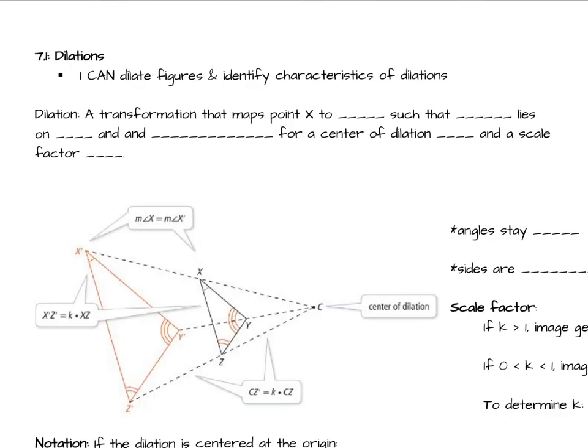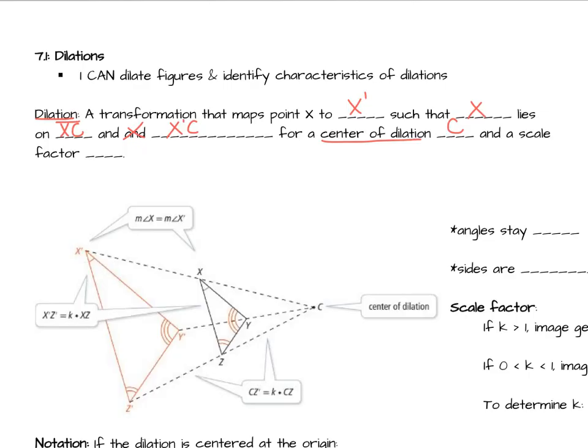Let's start off with the definition of dilation. A dilation is a transformation that maps any point x to a new point x prime. We do this in such a way that x lies on a segment from x to point C, and x prime is also on that segment for the center of dilation C. So it's kind of casting through x to x prime.